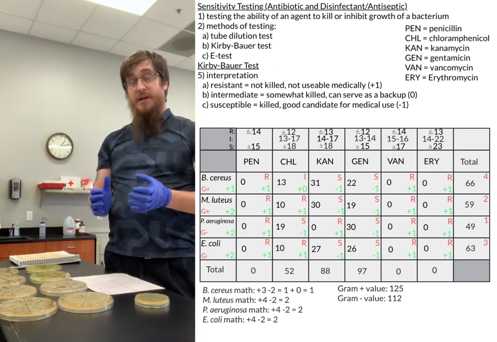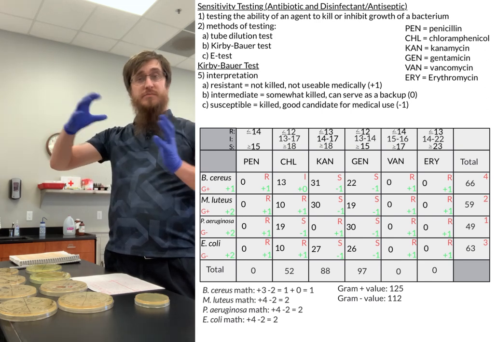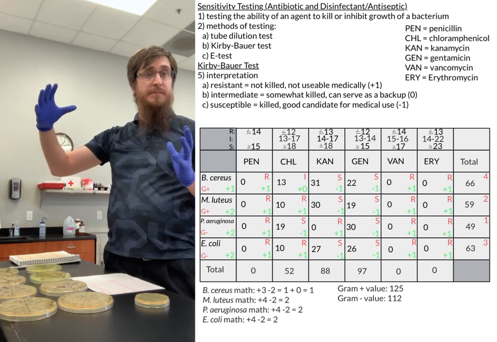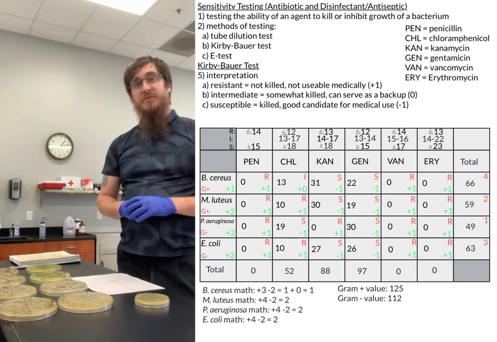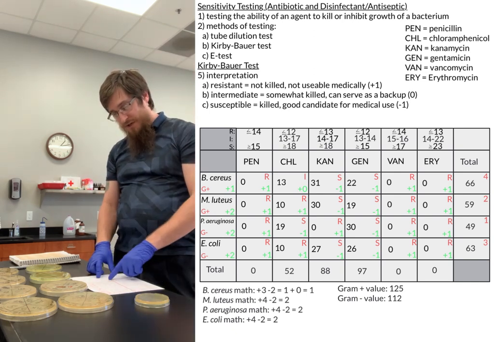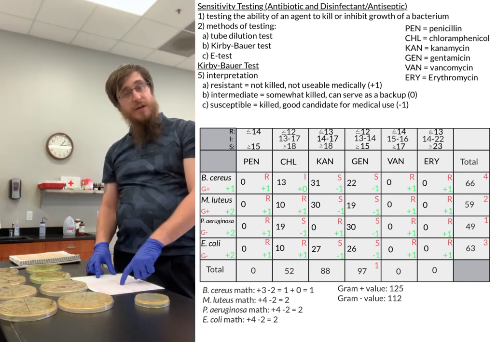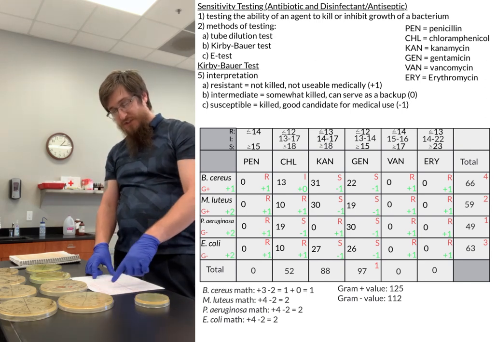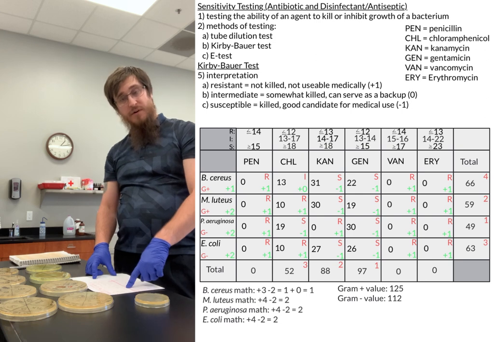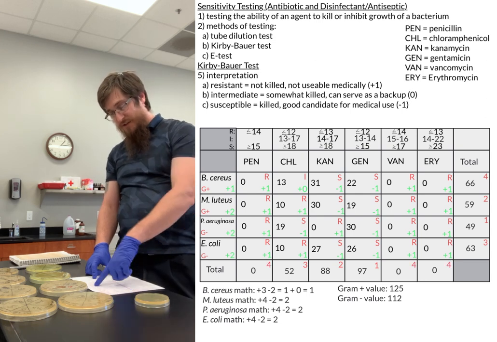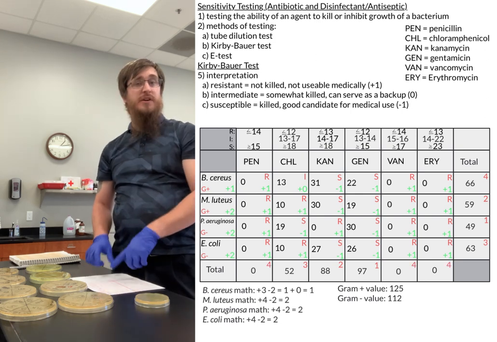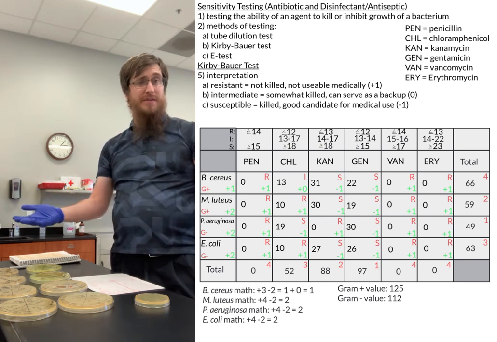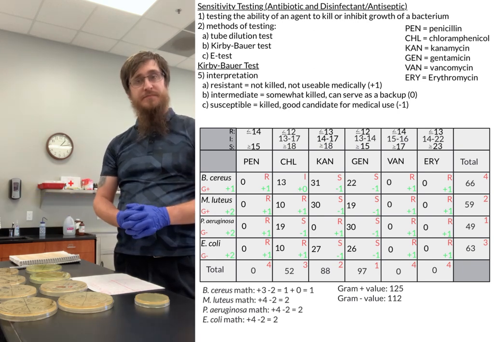The better the antibiotic, the bigger the zone of inhibition, because the more it killed the microbe. Looking at all of my numbers, it looks like gentamicin came out on top with the highest number, so that was my strongest antibiotic. Then it was kanamycin, then chloramphenicol, and then penicillin, vancomycin, and erythromycin all tied for last place because they didn't do anything against our specific organisms.